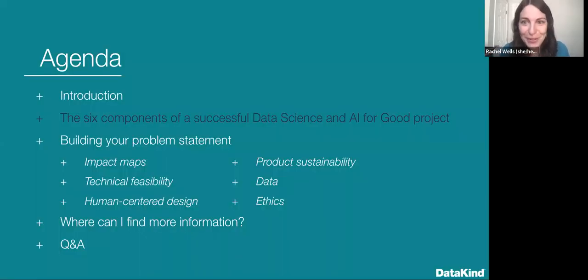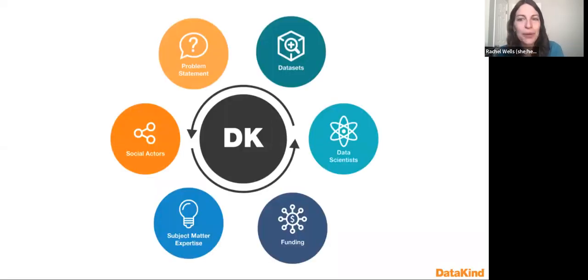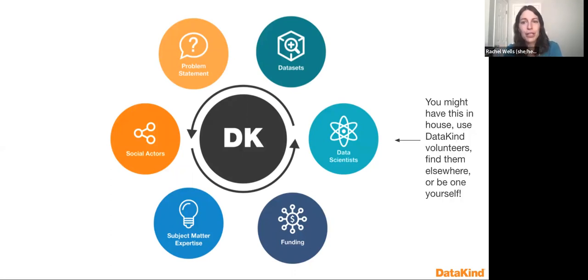So now we've introduced why we're talking about data project scoping, what the event is that you're at today as a new offering at DataKind, and we can dive into the 6 components for success in a data for good proposal. So first, there are a number of options for how to ensure you have skilled data professionals on board. DataKind, this is one of the things that we provide, pro bono data scientists.